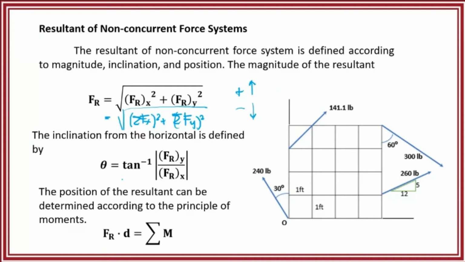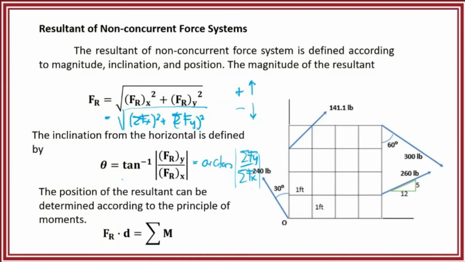In our lecture, it is the arc tangent of the summation of forces along y over the summation of forces along x. Our angle theta is always with respect to the x-axis.